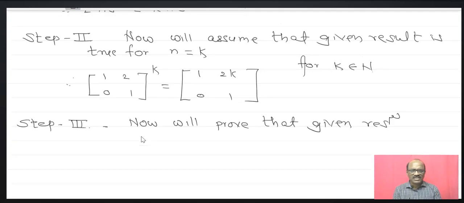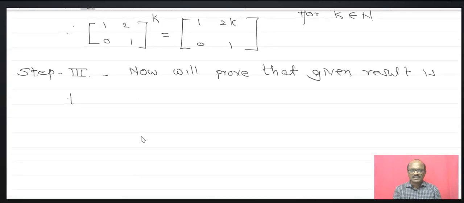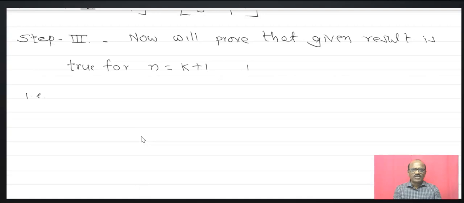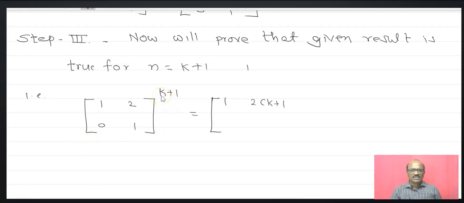If you see all the examples, I clear each and every one, and you will get the correct idea how to write. True for n equals k plus 1. Therefore [1 2; 0 1] raised to k plus 1 should be [1 2(k+1); 0 1].